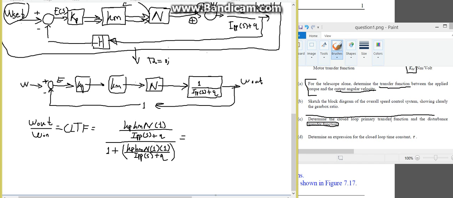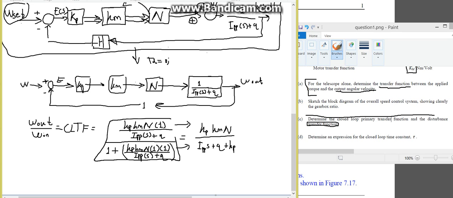Basic math, just simplifying. I'm just going to skip this step, sorry guys. Okay, so once we simplify all these steps down, we simplify this closed loop transfer function without the disturbance included. Once we simplify it via simple mathematics, you get the final closed loop transfer function neglecting the disturbance as this.